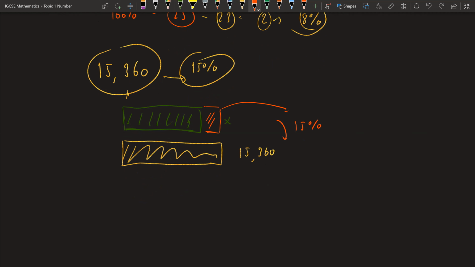So we have to find the original price. The original price here, let's call that X, and we increase it by 15%, then it becomes 15,360, right?